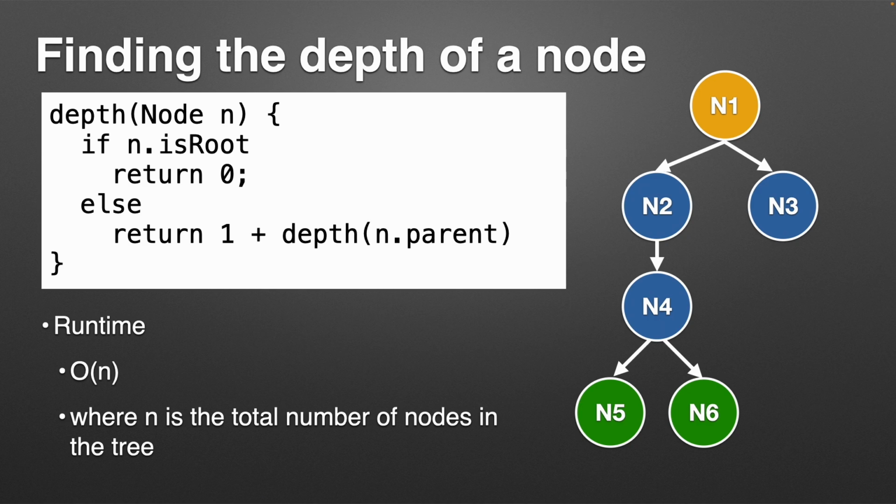The worst case is a tree where you don't have n3 and maybe you don't have n6. It's just a straight line, like a linked list really. And in that case, your depth is going to need to go through all of those nodes.